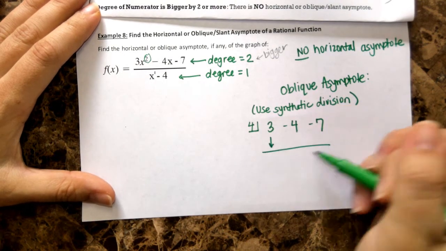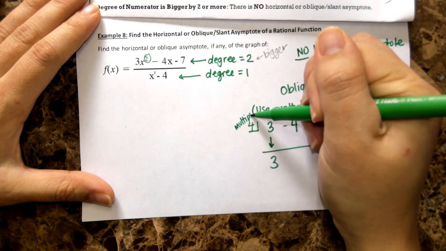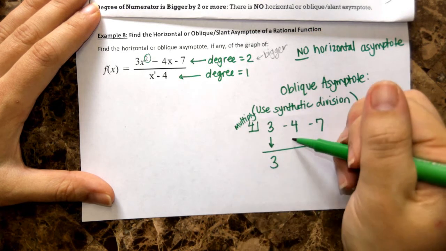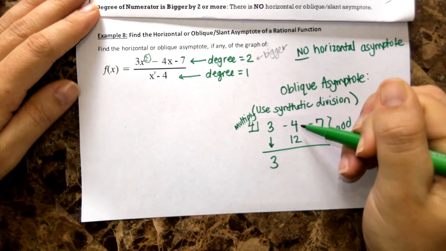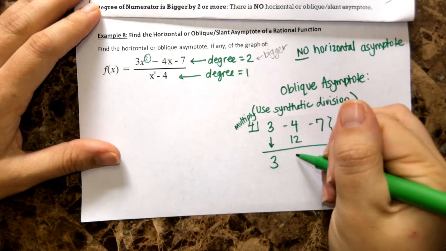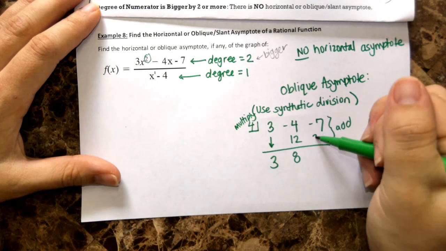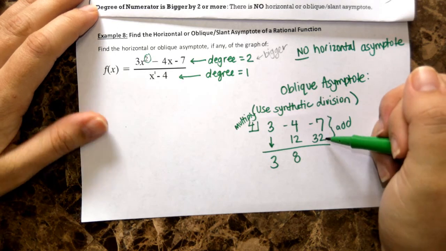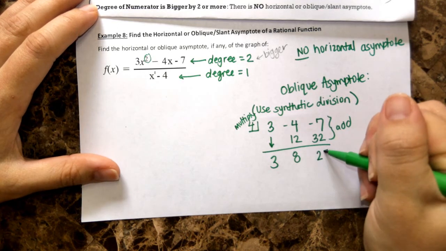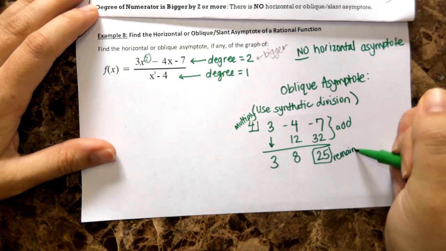Start by bringing down the 3, and then multiply, add, multiply, add, multiply, add. So start with 3 times 4, that's 12. And then you add the two columns up. -4 plus 12 is 8. 8 times 4 is 32. And then you add -7 plus 32, and that's 25. That last number is always your remainder.